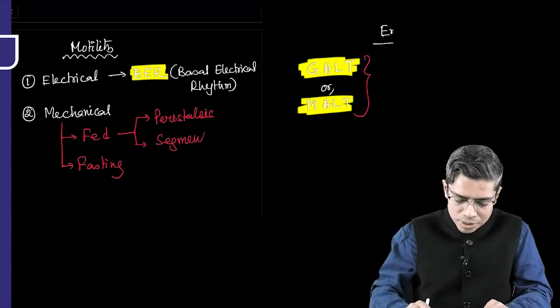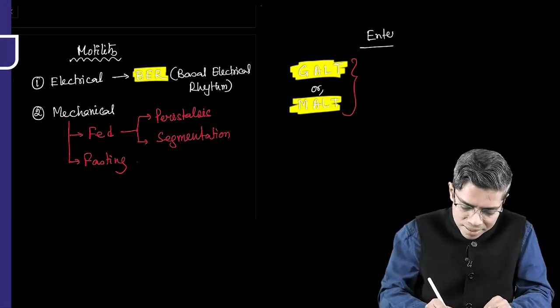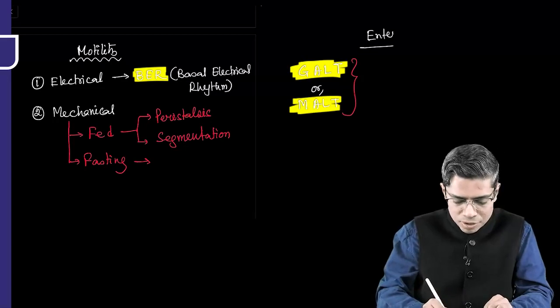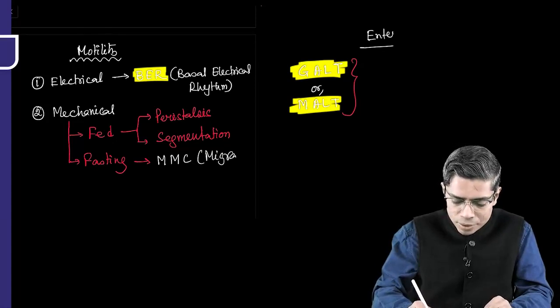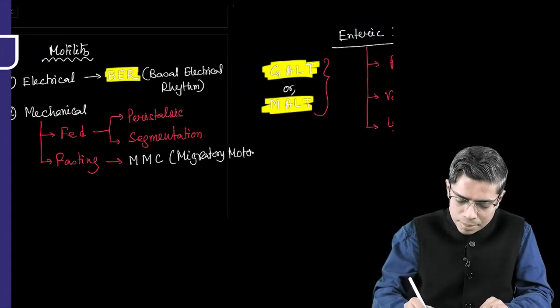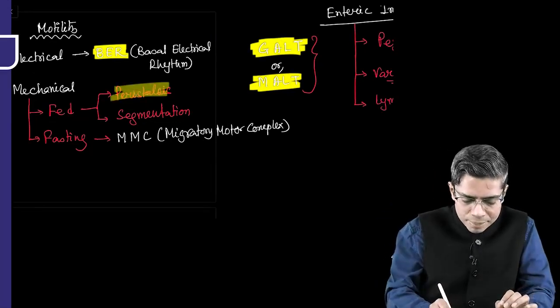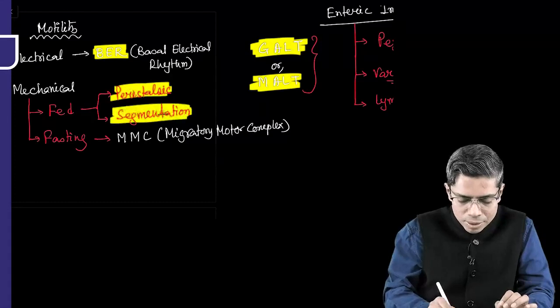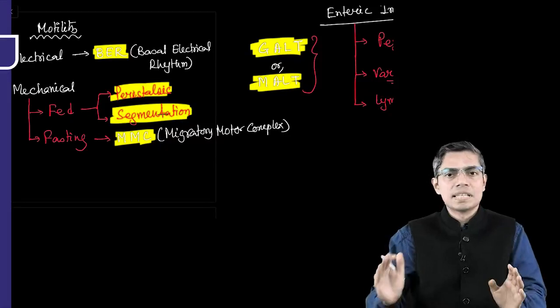So peristalsis motility and segmentation motility. And the fasting motility is very important for your MCQ, that is known as MMC. MMC stands for migratory motor complex, right? So peristalsis, segmentation and migratory motor complex are the major types of motility in the GIT.